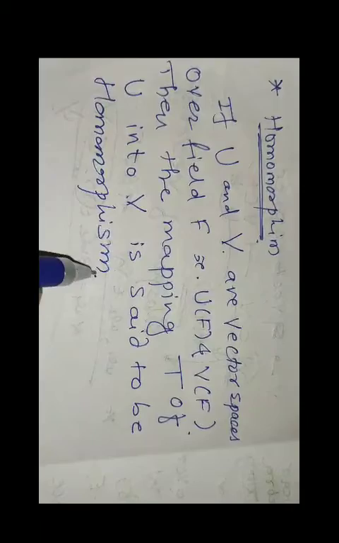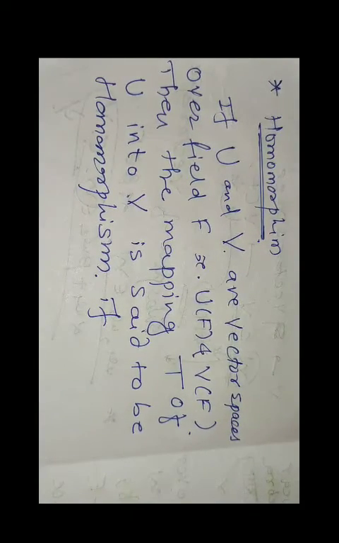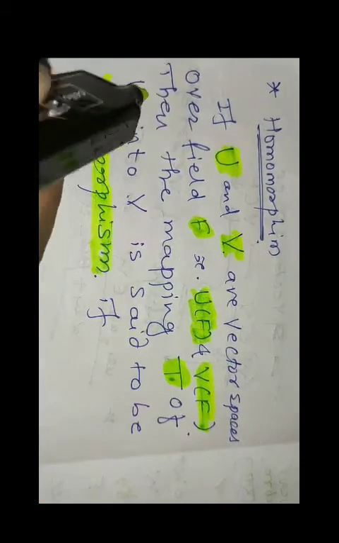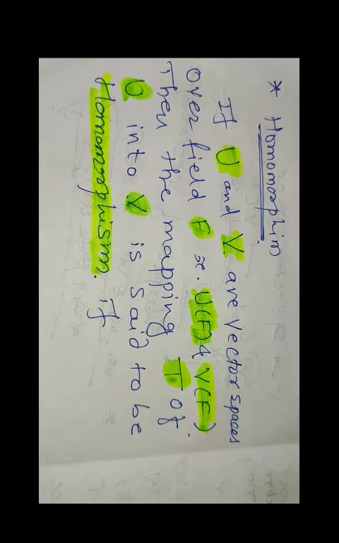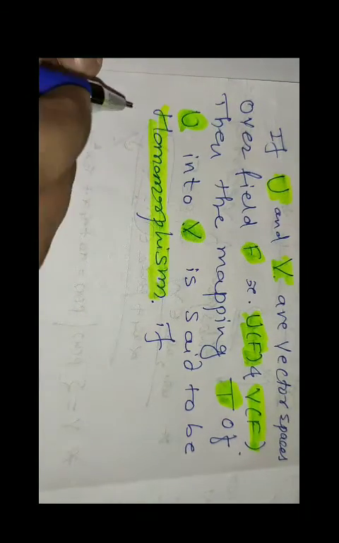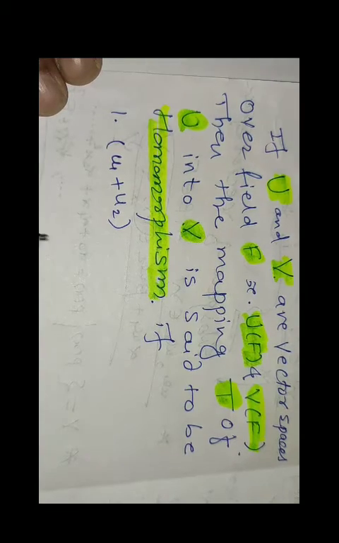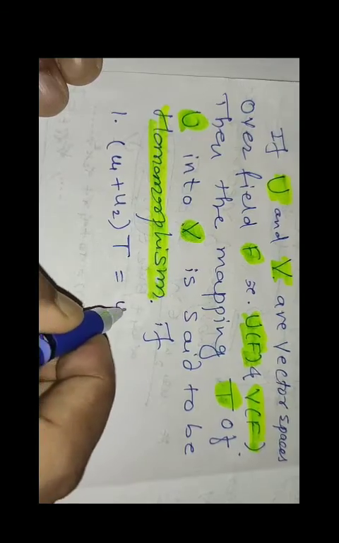U is any vector space, V is any vector space defined on the same field F. U is a vector space defined on F, V is a vector space defined on F, and T is a mapping from U to V. Then this mapping is called a homomorphism if some conditions hold, and the first condition is (u1 + u2)T = u1T + u2T.